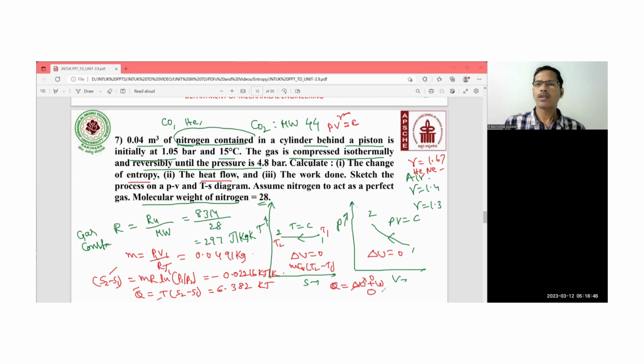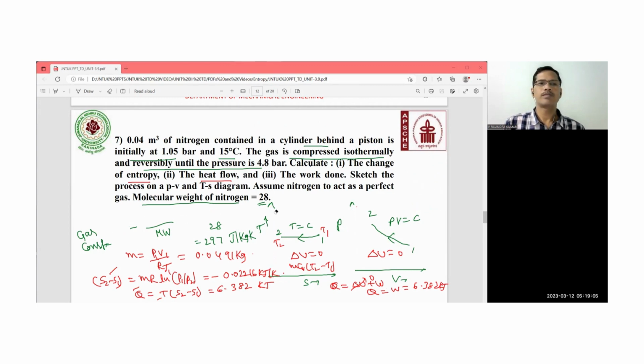So finally Q is equal to W, which is 6.382 kilojoules. That is how a student has to work problems like this one.